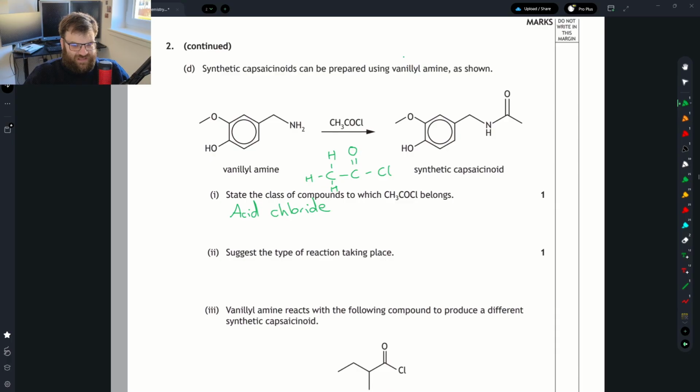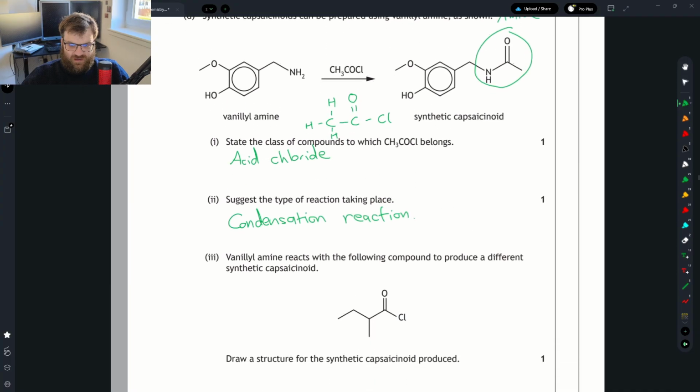So the difference between that and a carboxylic acid is it's Cl here instead of OH. That suggests the type of reaction that's happening. Over here, this is an amide or peptide link. We're taking our acid chloride and an amine group. This is likely to be condensation.